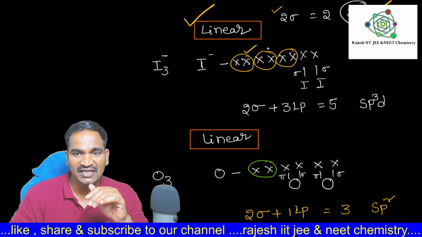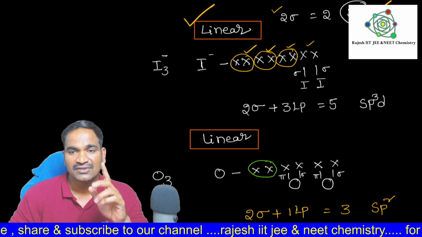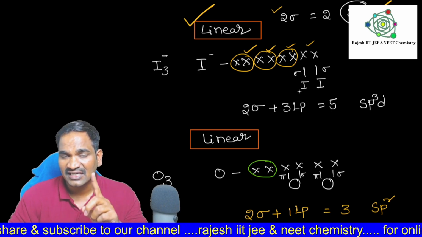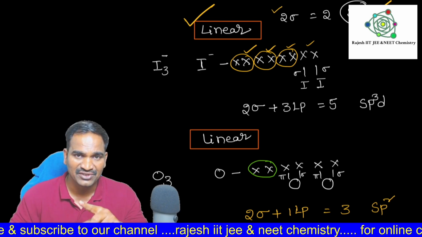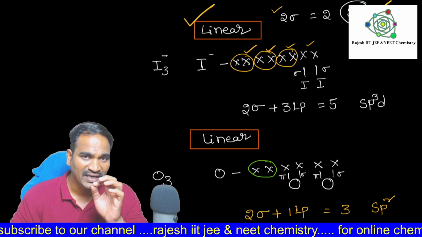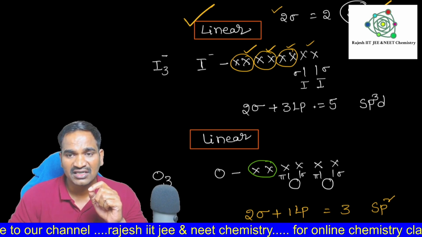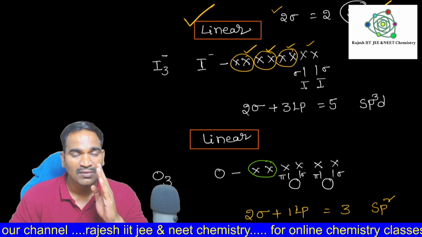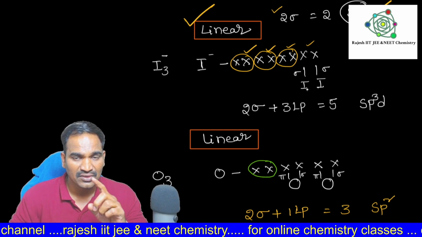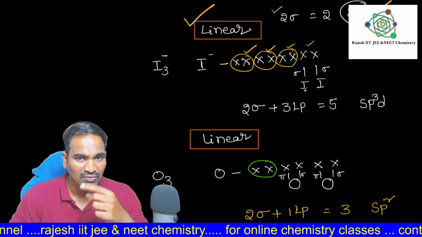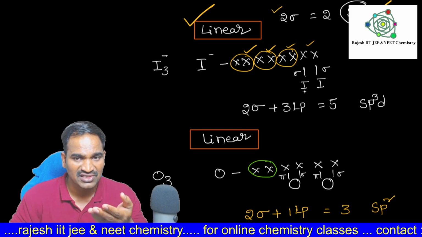So I have taken 8 electrons here. Now this central iodine is bonded to 2 iodines. Iodine is monovalent, that means it can form a single bond. So one iodine is bonded with one electron, and that bond is a sigma bond.